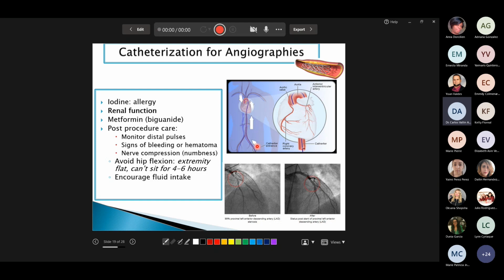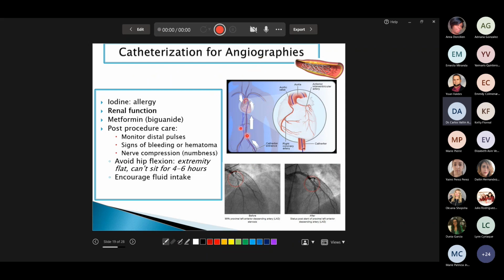Two things can happen when an artery is pierced. It can bleed, so you need to monitor for bleeding locally, or the artery can develop a clot inside, because when they bother the artery with the catheter inside, the artery can react by coagulating, and then a clot can grow there. If a clot grows inside the artery, then there is obstruction of the distal blood flow. The blood flow that needs to go to the leg and to the foot could be impaired, and you need to monitor these two consequences.